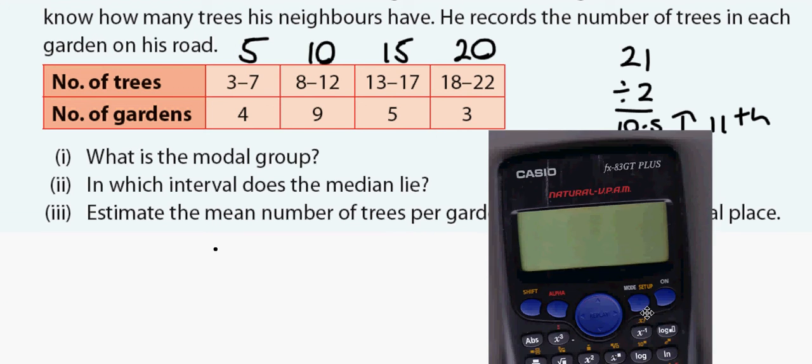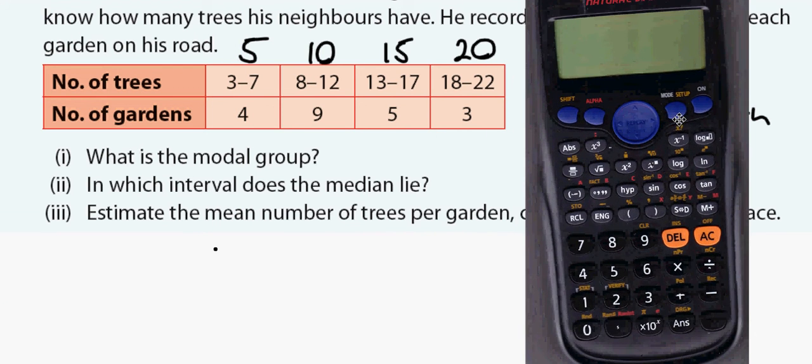Okay, so the calculator, exact same as the usual trick. You're going to press AC, okay, reset it. Then you're going to press mode, and you're going to press number 2 for stat, which we've done already. You're going to do one variable, as we've done, and we're going to have a frequency chart.